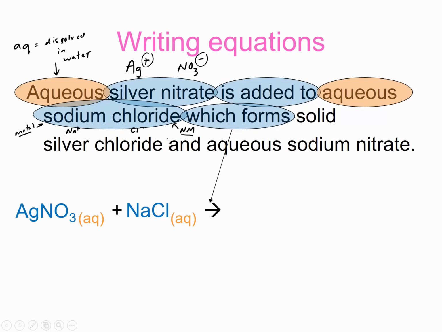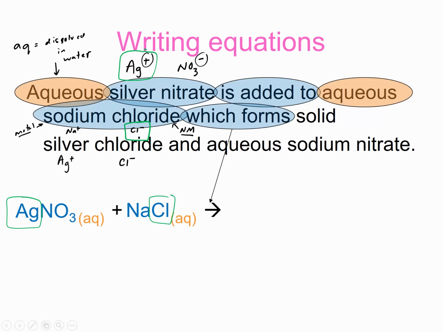And it says solid silver chloride. So silver chloride is going to be Ag plus and Cl minus. Notice what happened here: the cation from one of the reactants combined with the anion of the other. This is called a double replacement reaction.